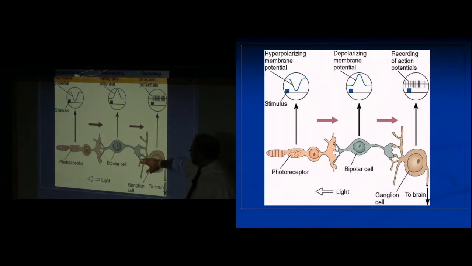If I have less neurotransmitter being released here, what happens to excitation of this ganglion cell? That's going to go down too. So what's going to happen to action potentials? I'll have fewer. So if I do that, you're going to perceive less light information.